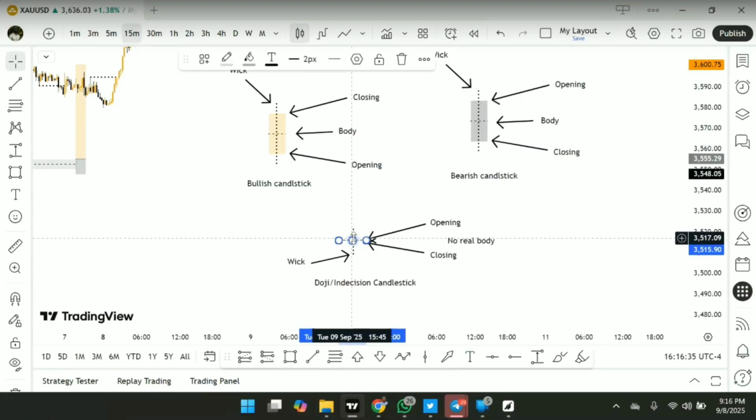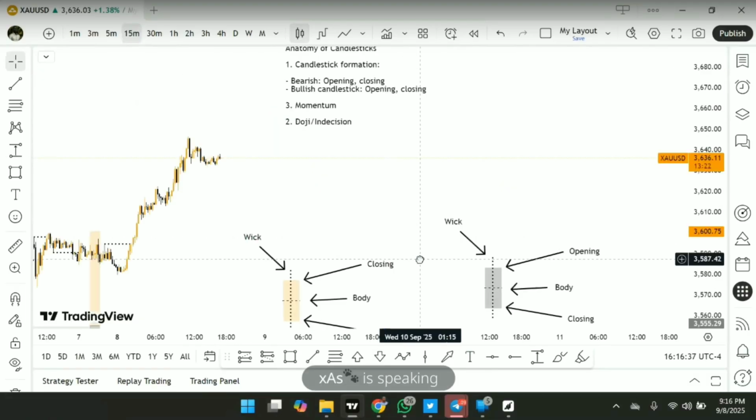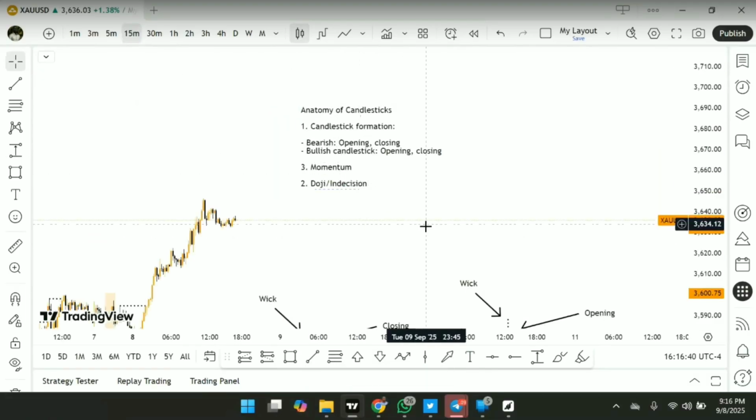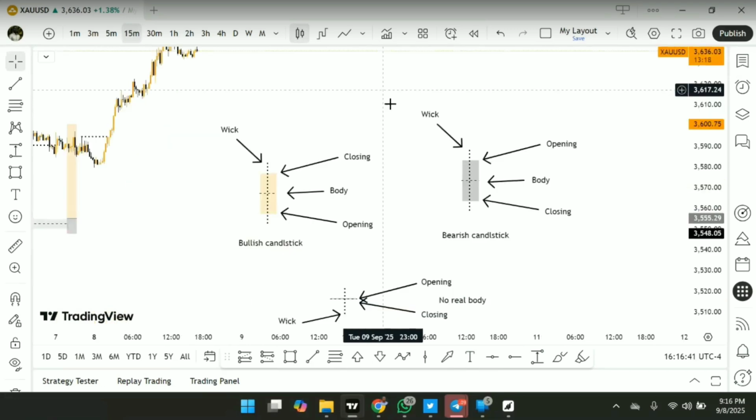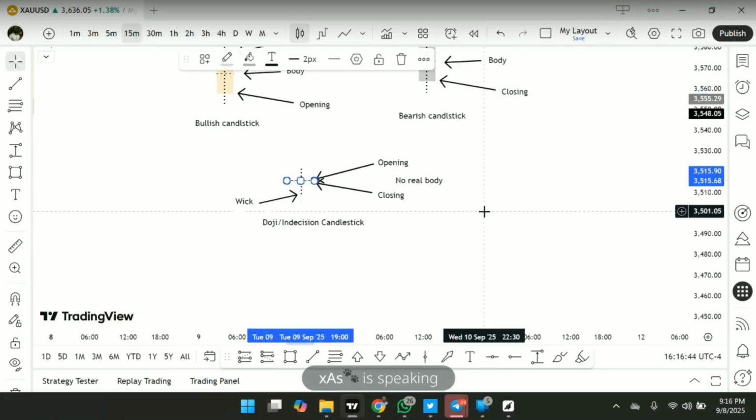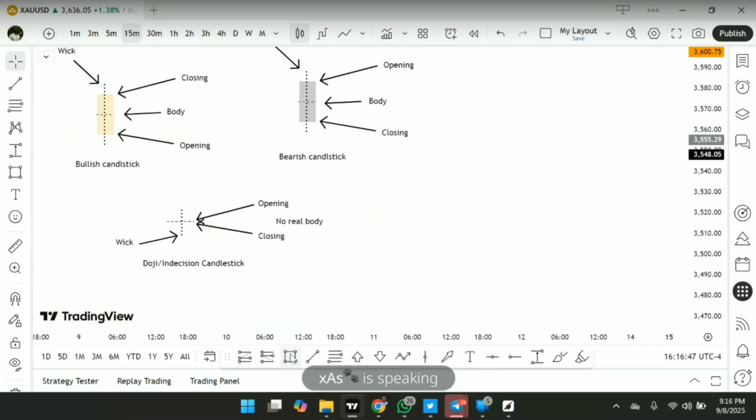So now I want to talk about momentum. What do we mean by momentum? Now let's say for example we have a doji, or maybe we have a formation of candlesticks like this.